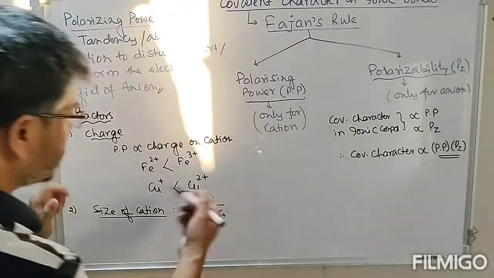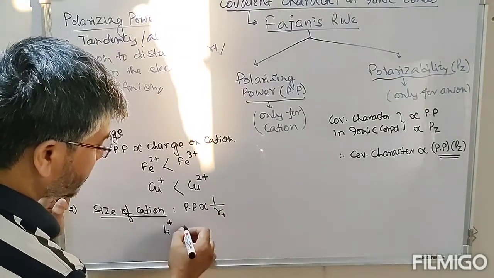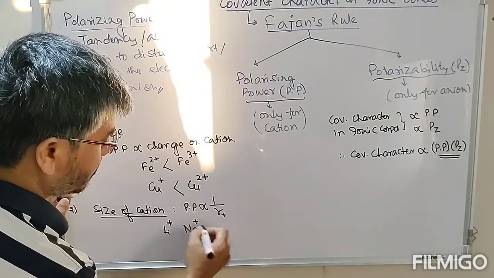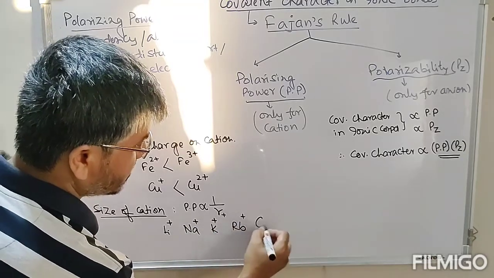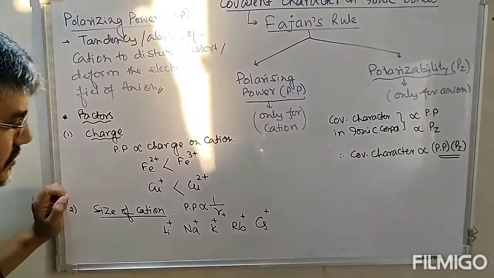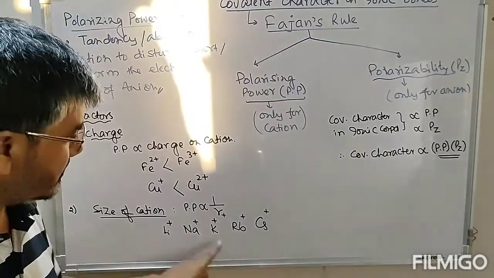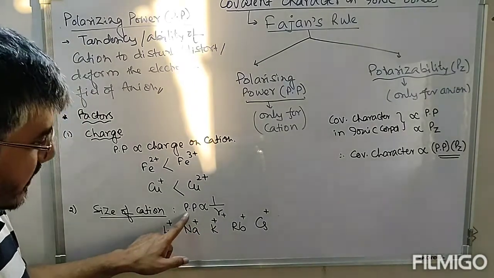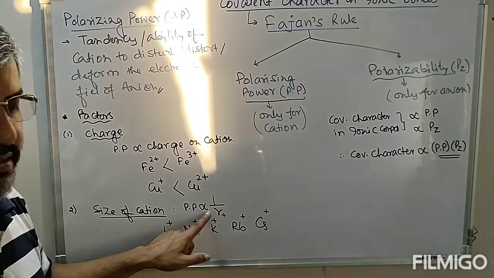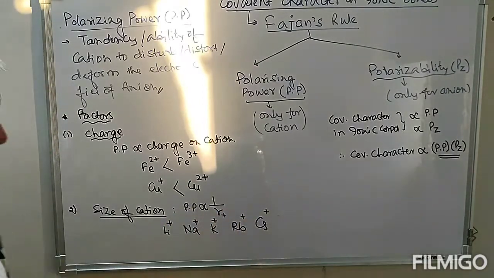So based on this size, look at this, we have Li+, Na+, K+, Rb+, Cs+. Moving down the group, the size of the cation increases. As the size increases, polarizing power decreases. As the polarizing power decreases, covalent character decreases, or the ionic character will increase.